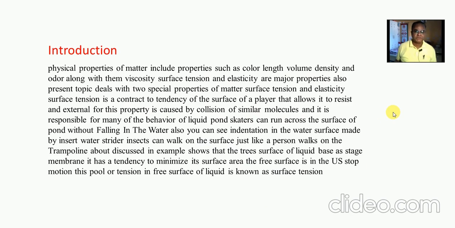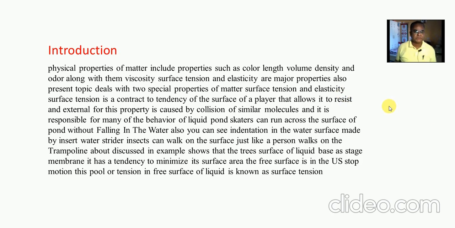Here the question arises: as we use that word matter, what is the meaning of matter and what are the properties of matter? We know that matter means the thing which occupies space.